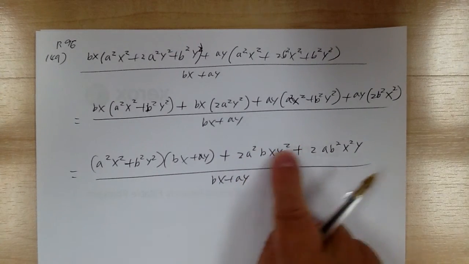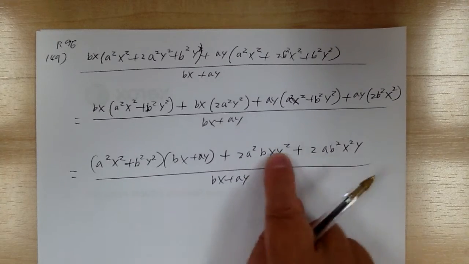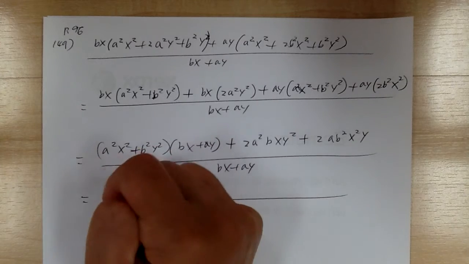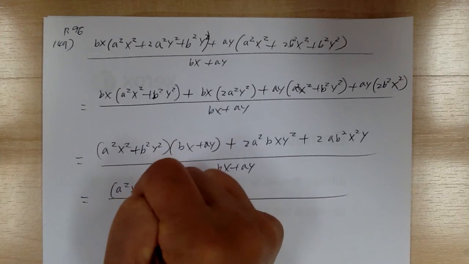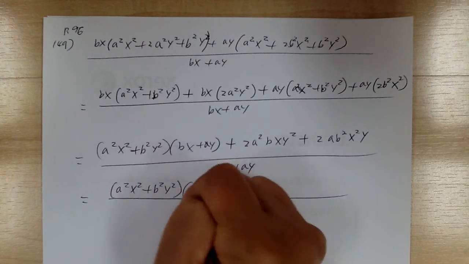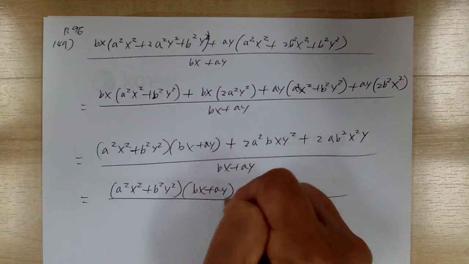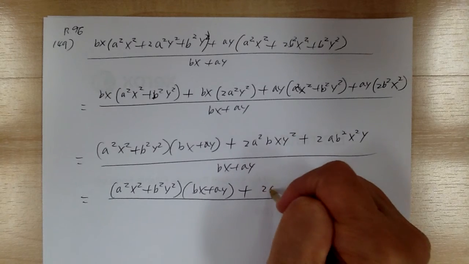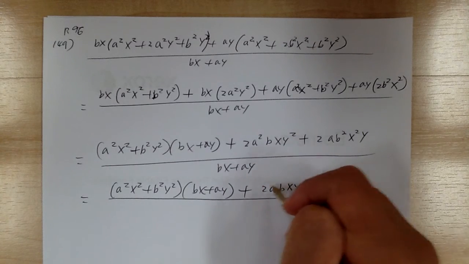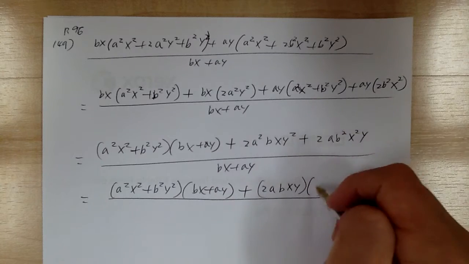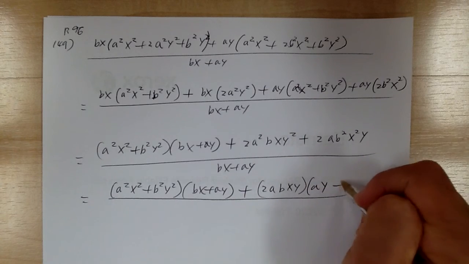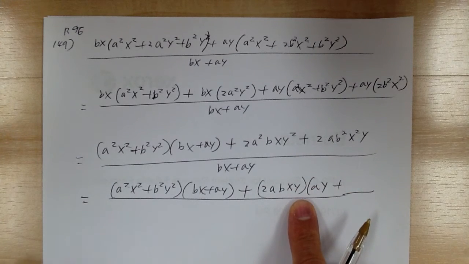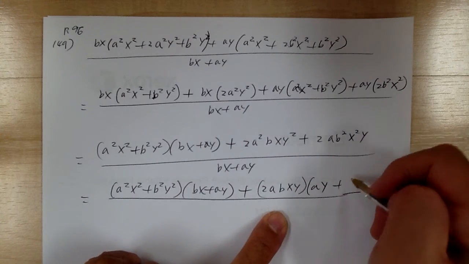Now after I multiply, I'm going to factor out the common factors over here. The common factor would be 2abxy, and so I end up with ay plus, wait, be careful, bx.